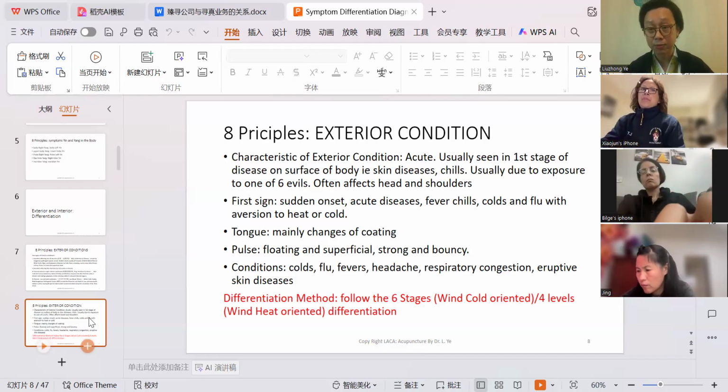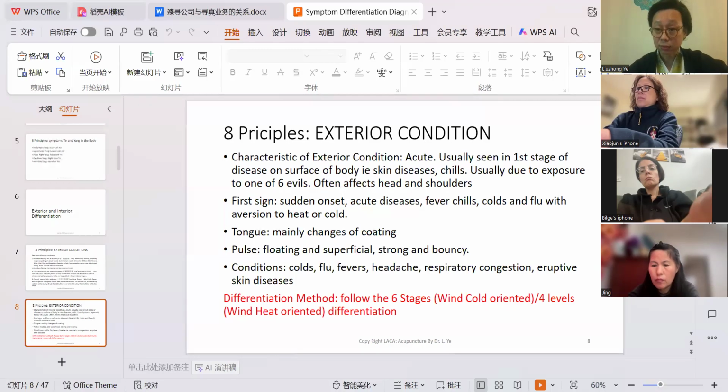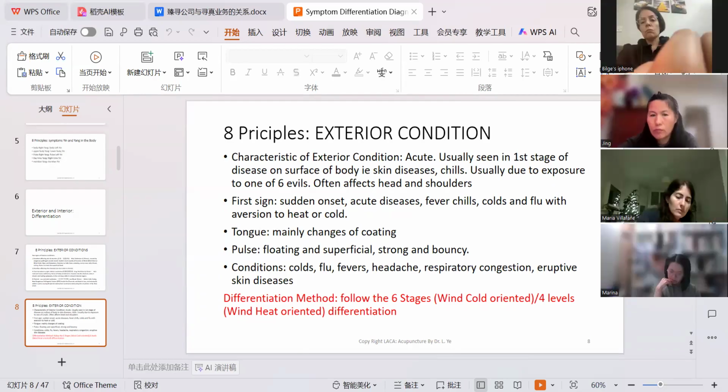Can anybody answer me? How do you know what it is? Without knowing this, you won't be able to choose whether you should go to the 六经 or the 卫气营血. Anybody can tell me? Sorry, I didn't ask a good question.